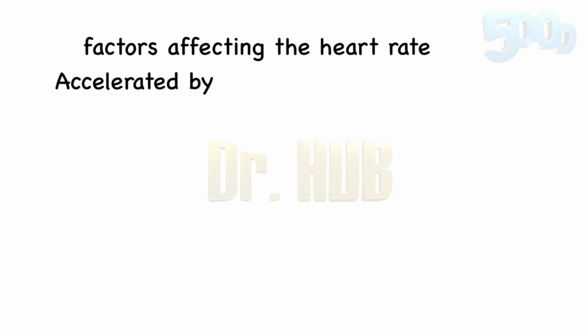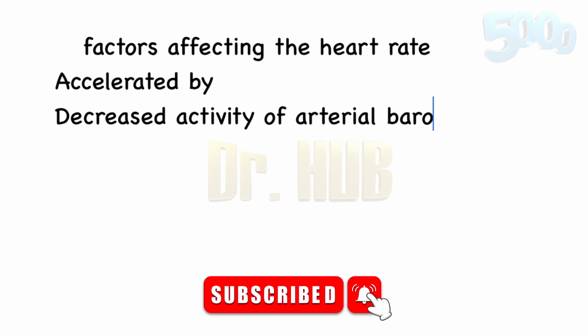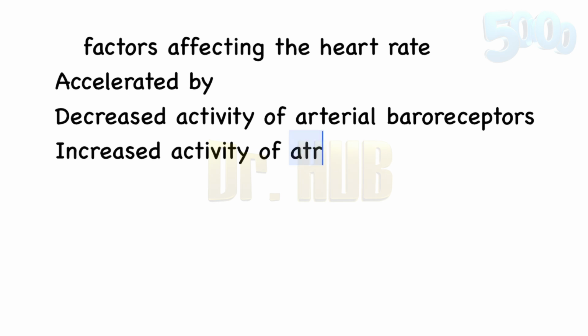Heart rate is accelerated by the decrease in activity of the arterial baroreceptors, so decreased activity of the arterial baroreceptors, and an increase in activity of the atrial stretch receptors.